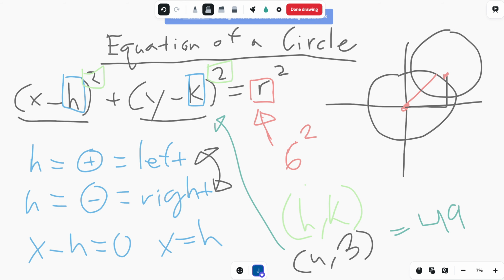We must take the square root of it, so we know that 7 squared is equal to 49, meaning the radius is 7, meaning the distance from the origin to any other point would be 7. That is how the radius works. And then the point H, K is taking the 2 points from the specific equation, and that will be our center. That is because that's how we're shifting each and every point.